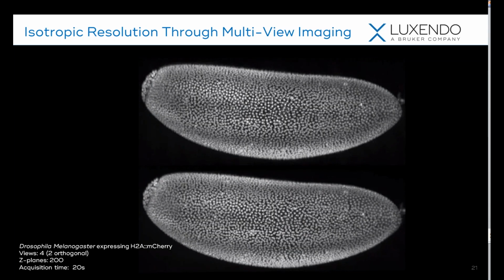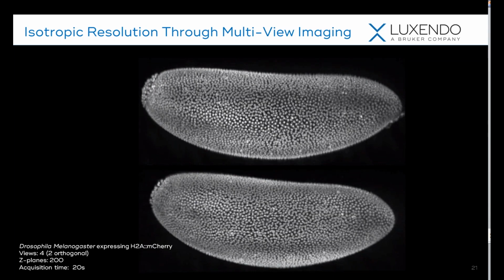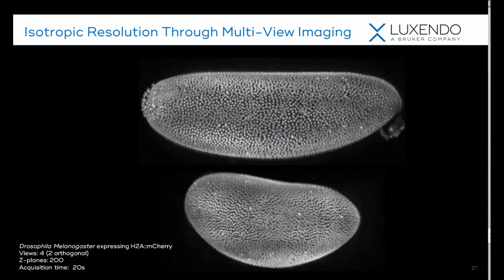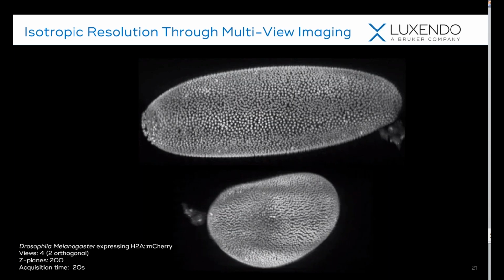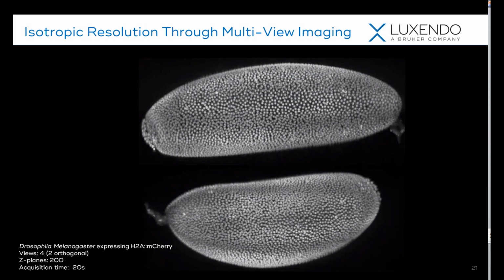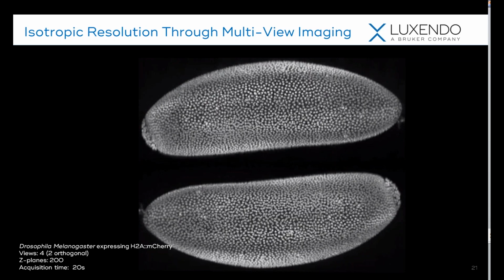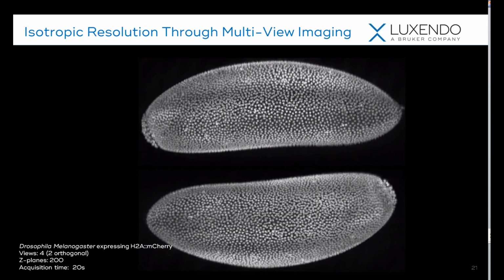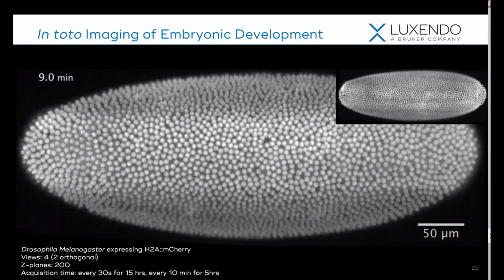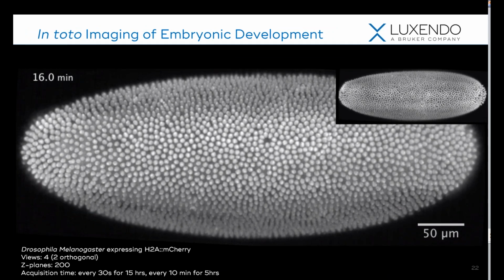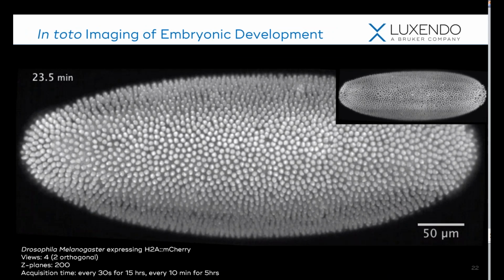Here we're able to acquire two image stacks, each 10 seconds long, and fuse them into a single high resolution image. In fact, this imaging is fast enough and gentle enough to allow us to do this over and over again and visualize very dynamic processes, such as this Drosophila gastrulation.